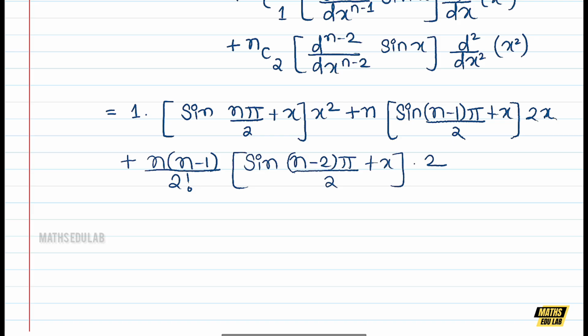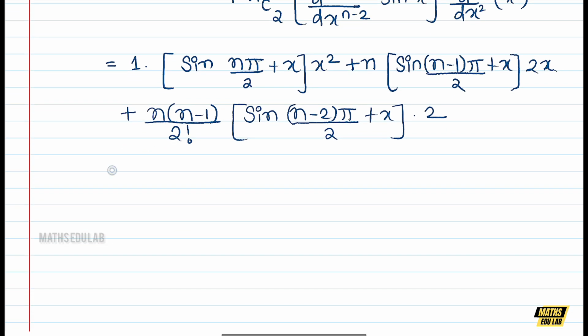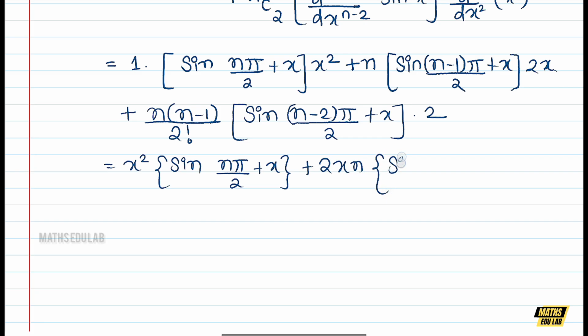On rearranging this equation I can write x square sin of (n pi by 2 plus x), then plus 2xn sin of ((n minus 1) pi by 2 plus x), and then the remaining is n into n minus 1.